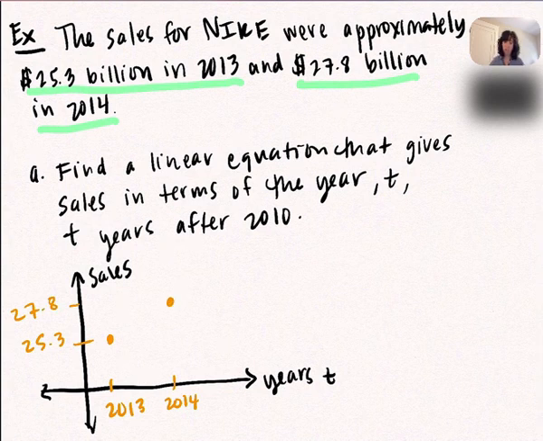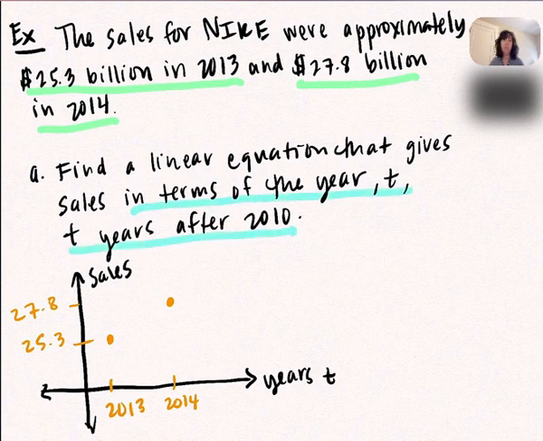Now, there's one extra little thing we're told here, which is that we want to have our linear equation in terms of the year t years after 2010. So what does that mean? It means we're going to start at 2010. That's like our starting point, our 0 year, which means I'm going to rescale things a little bit.